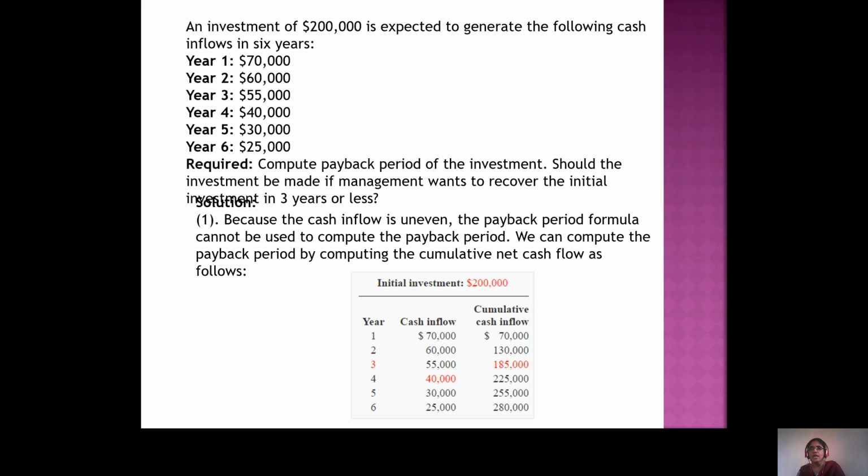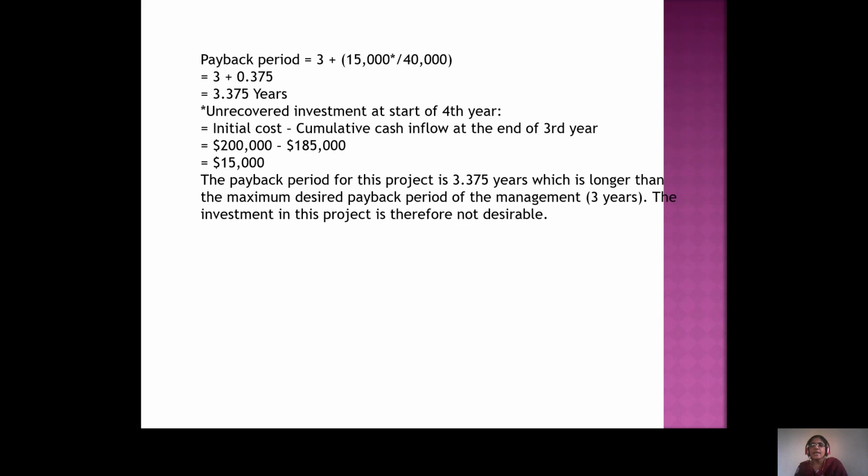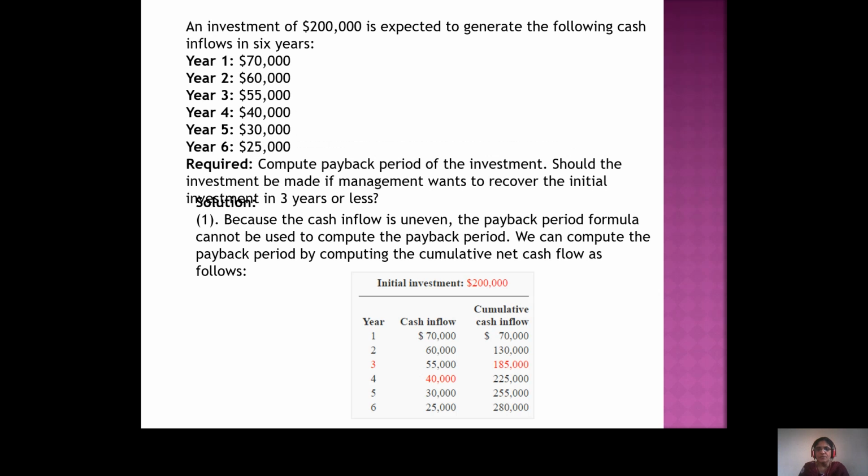So the payback period is: the year is 3, we have taken at third year, plus 15,000 by 40,000. How much is the variation? What is the variation between 2 lakhs and 1 lakh 85,000?